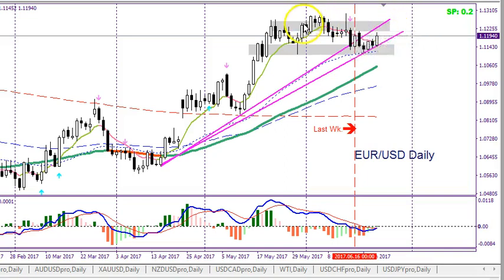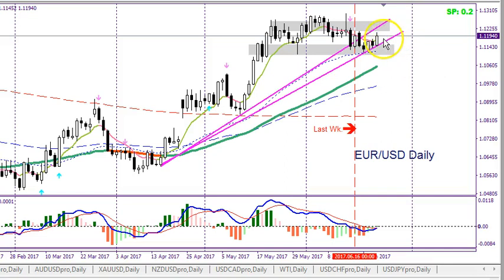But again, caution, take a look at this gray rectangle just above here. This is resistance, so price could go up a little bit higher. I've also drawn in this trend line. It's a longer term trend line, and so price could come up, touch the trend line, or test this area of resistance, then possibly turn over again.